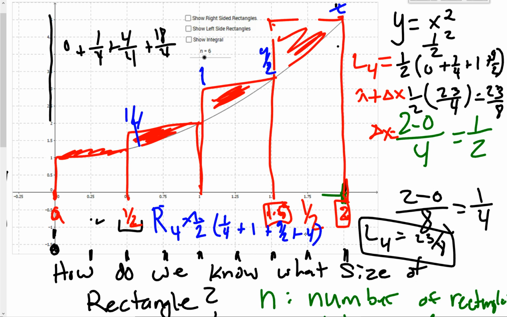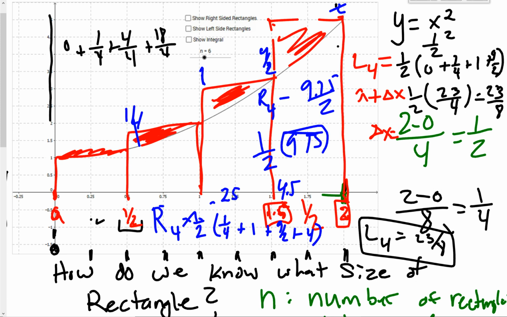So here you could do decimals if you want. So we got 4.5 for 9/2, and we got 0.25. And then we have 1, 4, so that's 5. That's 9, 9.75, or 9 3/4. And then we're going to times that by 1/2. So we get 9.75 over 2, whatever that is. So that's our right-handed one with 4.